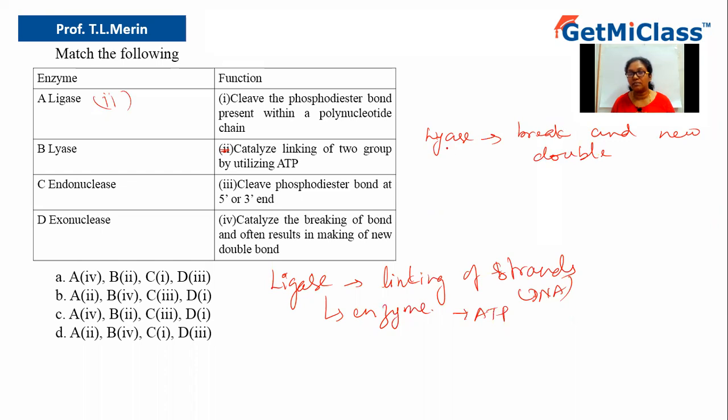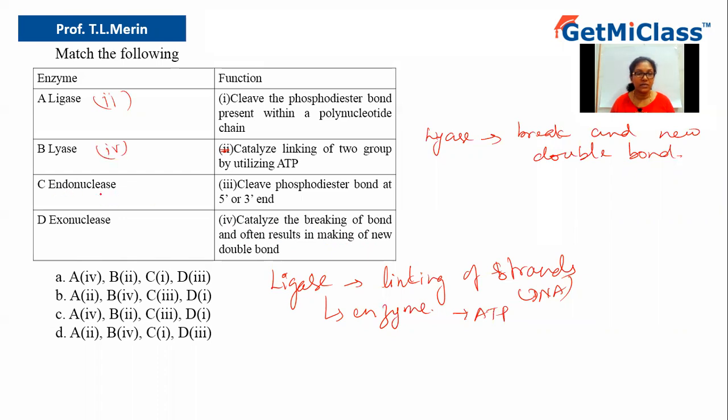So it is involved in breaking as well as catalyzing the formation of bond. Hence, lyase will match up with the fourth one, which is catalyze the breaking of bond and often results in making of a new double bond. Hence, this is 4.